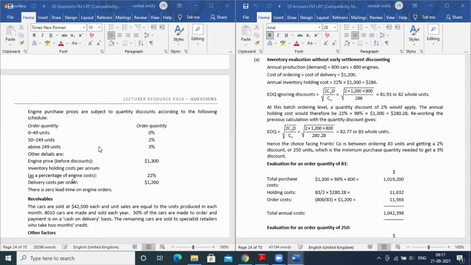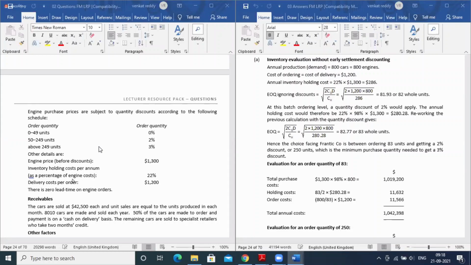The company is a car manufacturing company, and whatever material they purchase, engine is most costly. There are other components for which specific inventory management is not required. The cost of the engine without discounting is 1300, and the supplier provides certain discounts also.